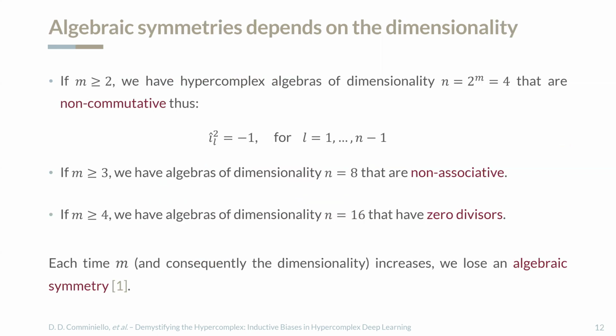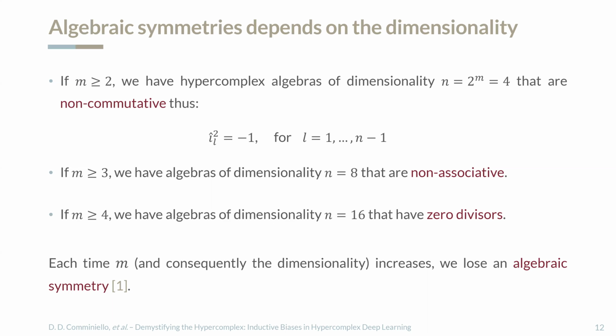So what are the algebraic properties that we need to take into account? Of course, when we grow with the order, we need to consider that we may lose some kind of properties. Okay, so actually we have some closed form, but we lose some properties.